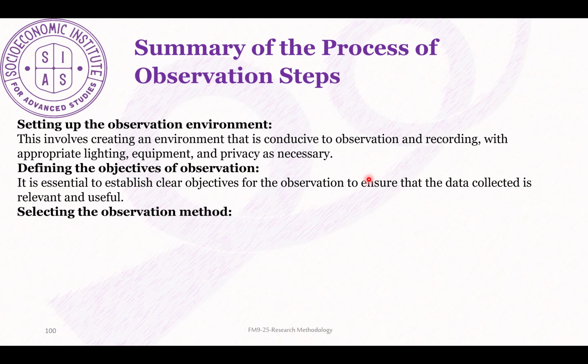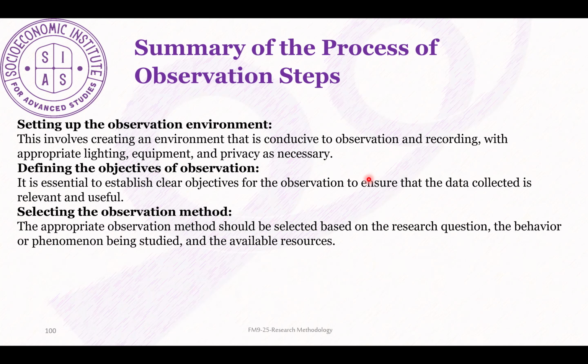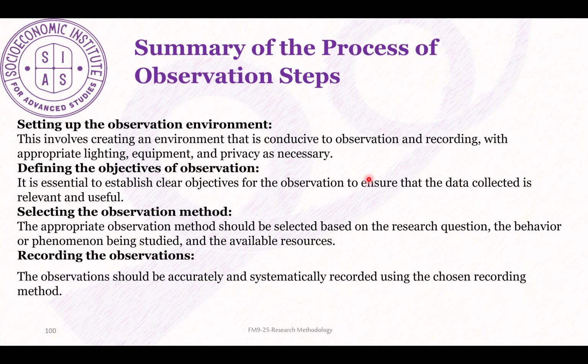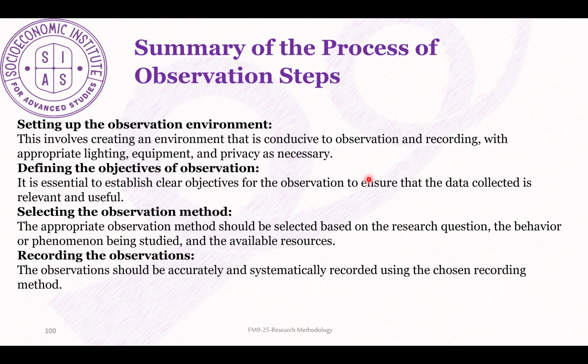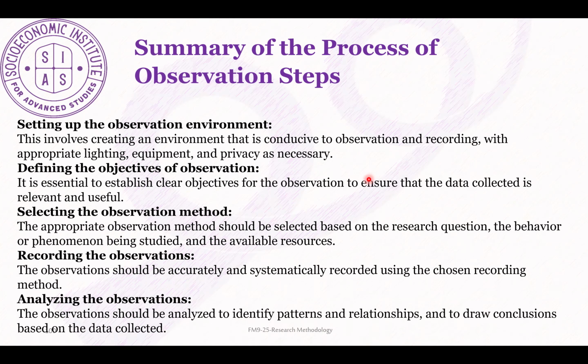We should select the observation method, which can be based on the research question, the behavior or phenomenon being studied, or available resources. We should record the observation accurately and systematically using the chosen recording methods. And we should analyze the observation to identify patterns or relationships and to draw conclusions based on the data collected.